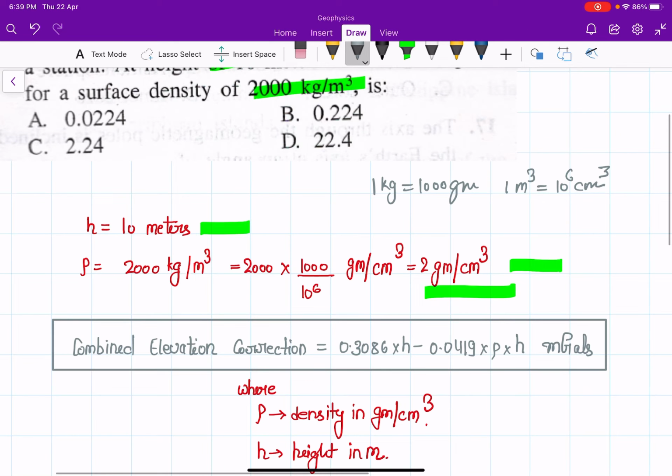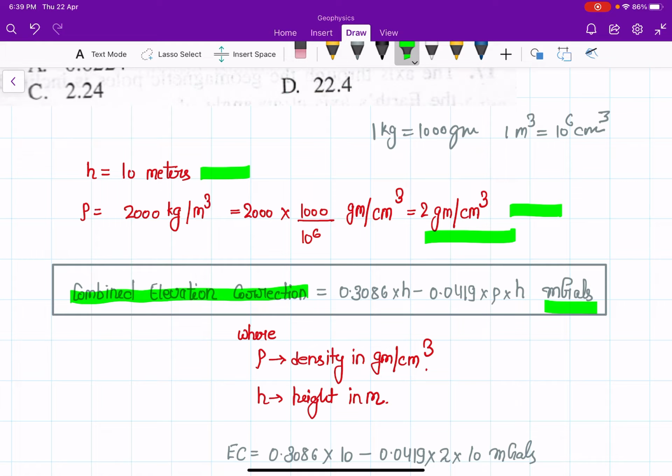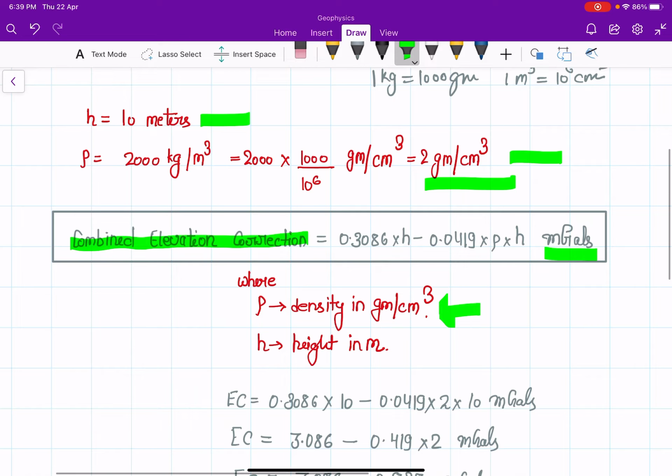So we will get the value of rho, which is 2 gram per centimeter cube, and the formula for combined elevation correction is, in the bracket, 0.3086 into h minus 0.0419 into rho into h, and the unit will be milligauss, where you put the value of rho in gram per centimeter cube and the value of h in meter, then you will get the value in milligauss.